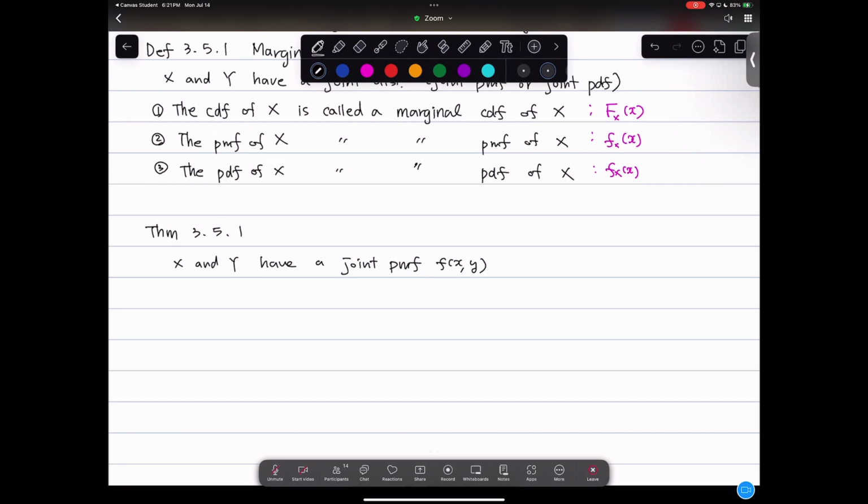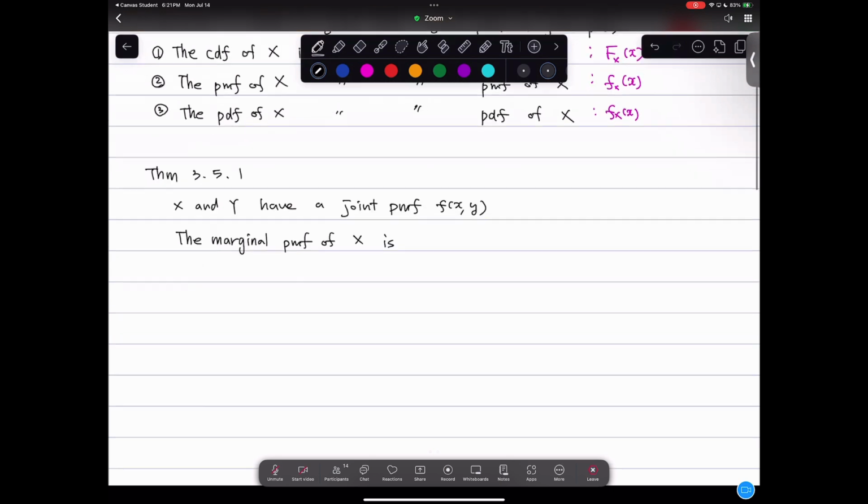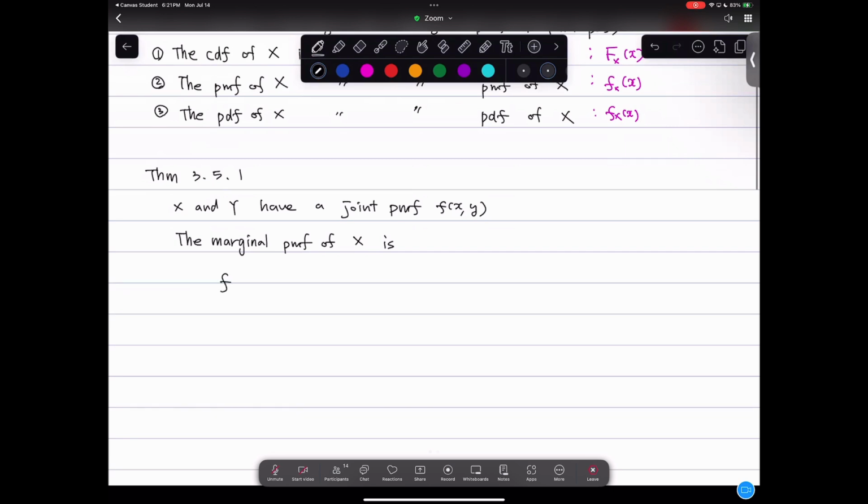It says the marginal PMF of x, this is how we do it. So f of x alone, you're adding all these joint probabilities for all the y values, that's marginal.